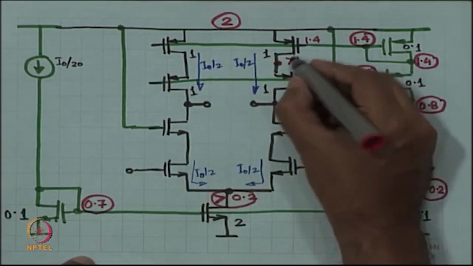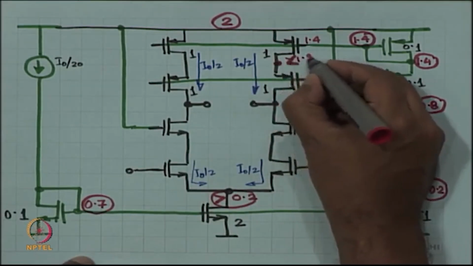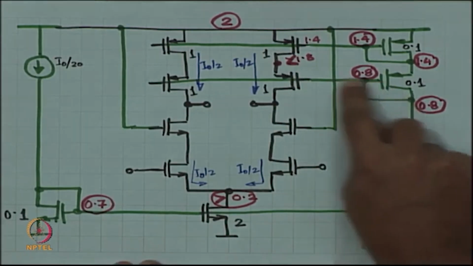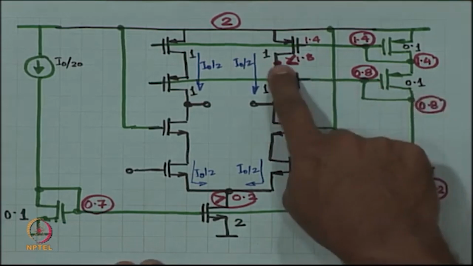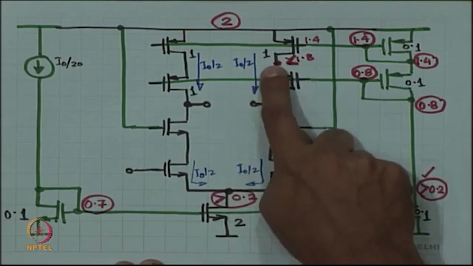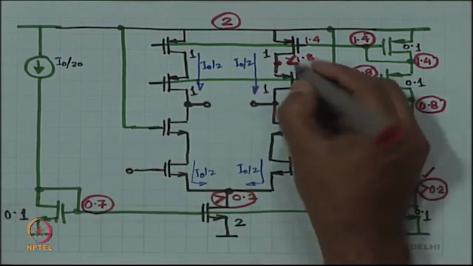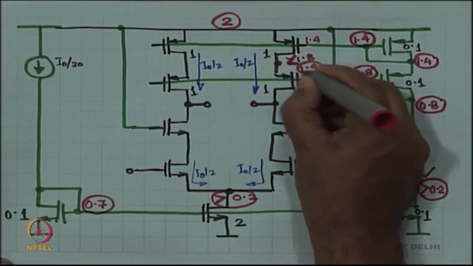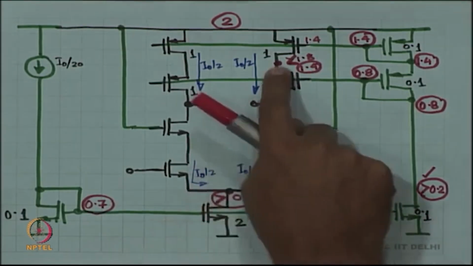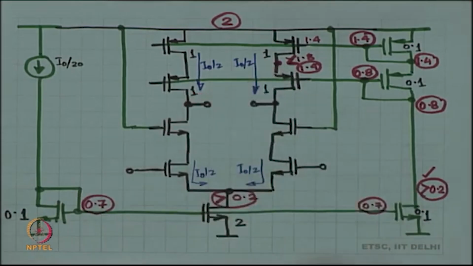Sorry, it should be less than 1.8, but what is it actually? This node is 0.8, this requires a VGST of 0.2, that means this is 0.6 volts above. So, this is actually 1.4. Okay. So, this node is actually at 1.4 and it is satisfying the fact that it is less than 1.8.